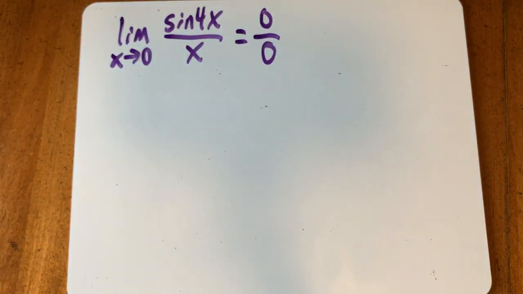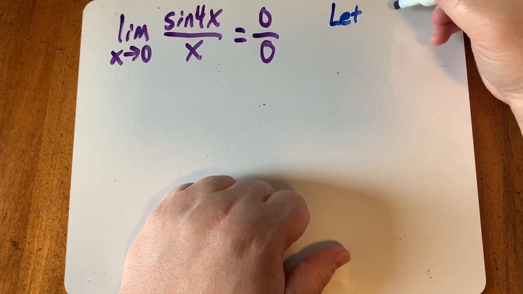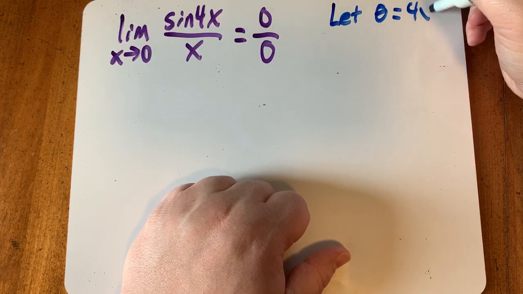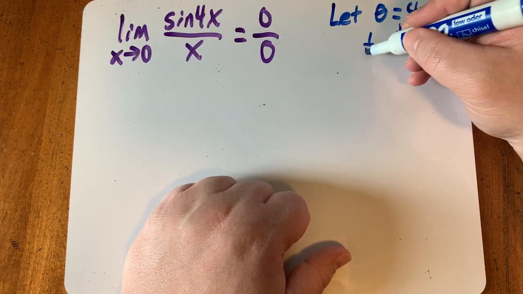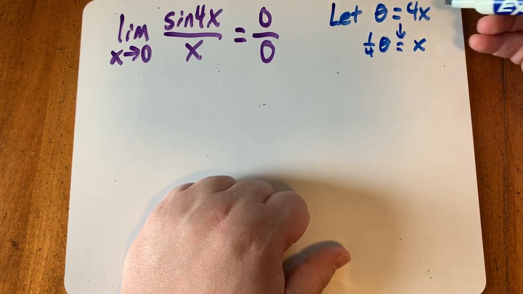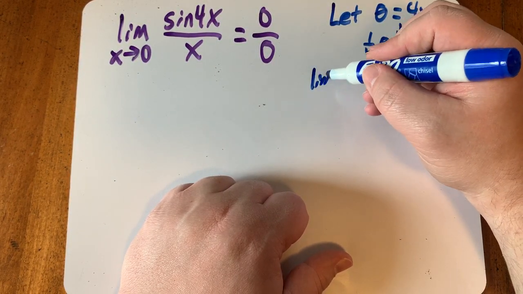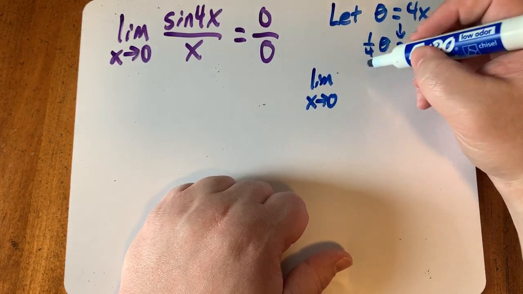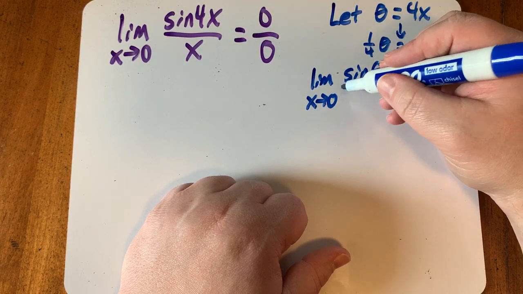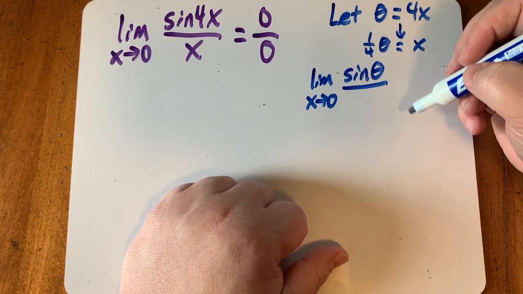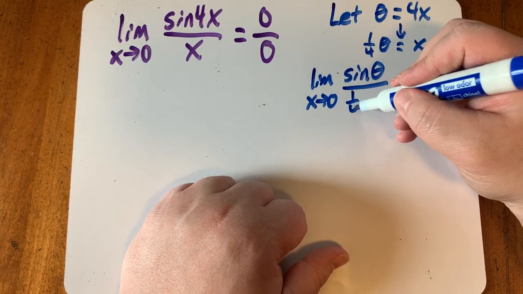So there's a couple ways to approach this. One way to approach it is to use substitution. So let's let theta equal 4x, which would in turn mean that x equals 1/4 theta. So if theta equals 4x, we can replace that. We can say the limit as x approaches 0 of sine of theta, and replace that x with 1/4 theta.